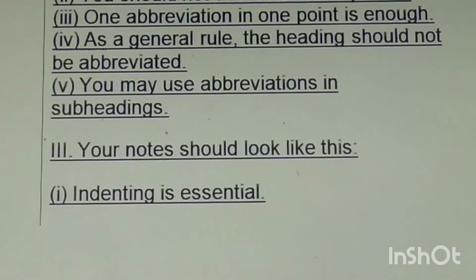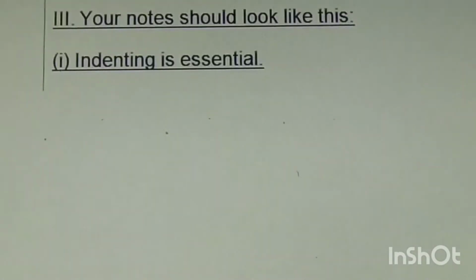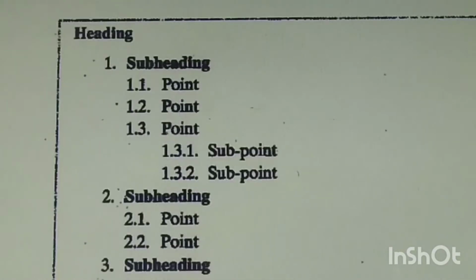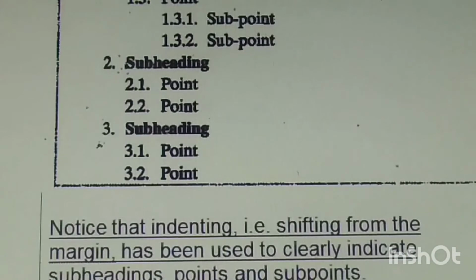Your note should look like this. Indenting is essential, compulsory. See, heading, subheading, then point 1.1, 1.2, 1.3. This again can be subdivided, which could be a sub point. Subheading.